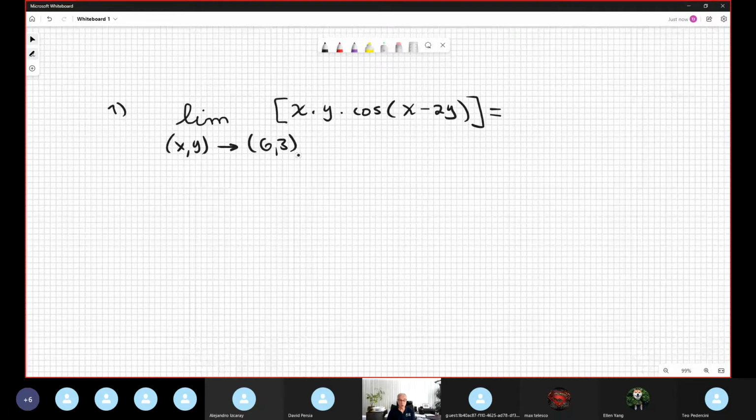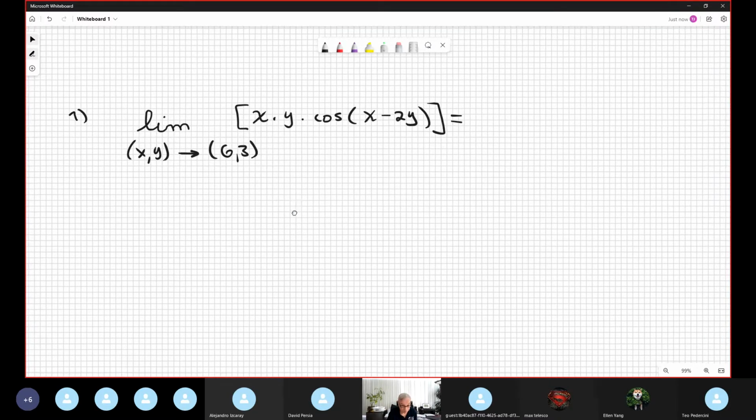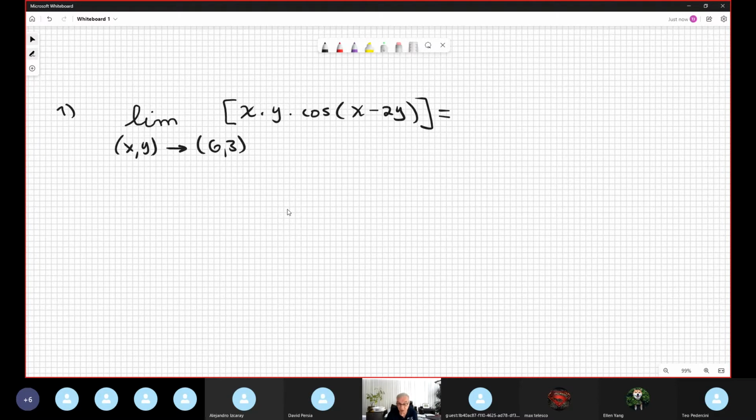This is a good candidate because we have a polynomial function xy, degree 1, and cosine. Cosine is a continuous function. But when you plug it in, if the answer is indeterminate, 0 over 0, infinity over infinity, or another indeterminate, you need to manipulate in order to eliminate the indeterminate.